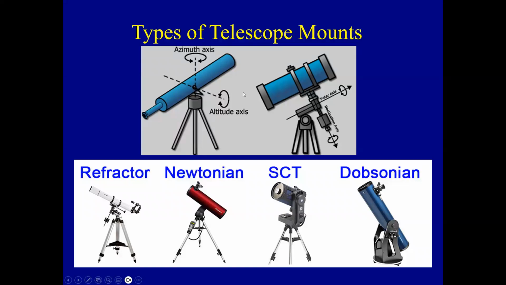To explain that, I think you have a basic idea about the motion of the planet, the motion of Earth in space. You know that Earth rotates around its polar axis every 24 hours, right? It rotates around the polar axis, going through the north and the south pole.